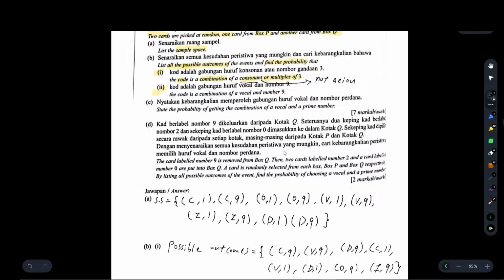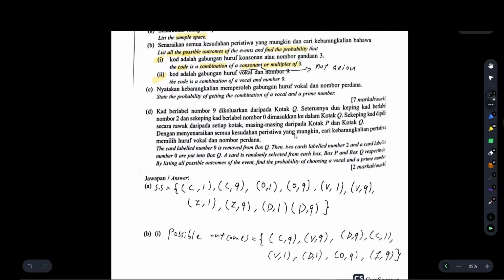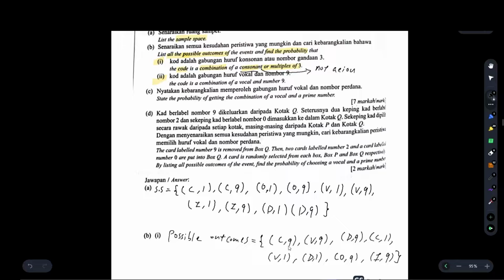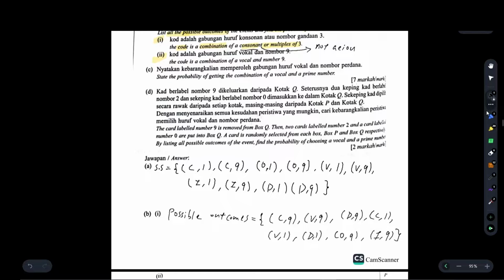Okay, so right now we're gonna find the probability. It's pretty simple for this. We don't have to do complicated calculations since we already listed out all of the possible outcomes and the sample space. There's a total of 10 outcomes in the sample space.